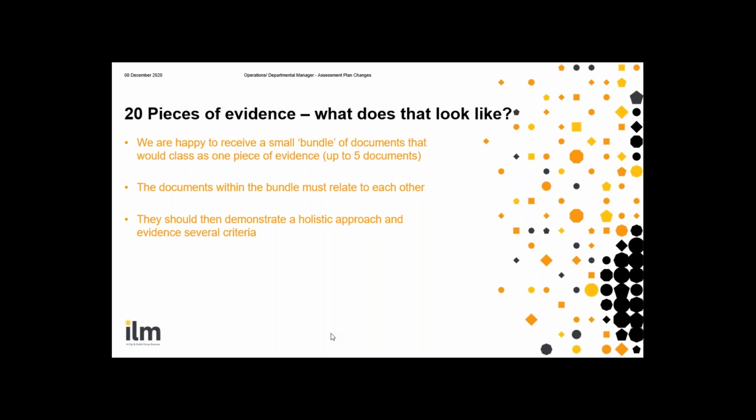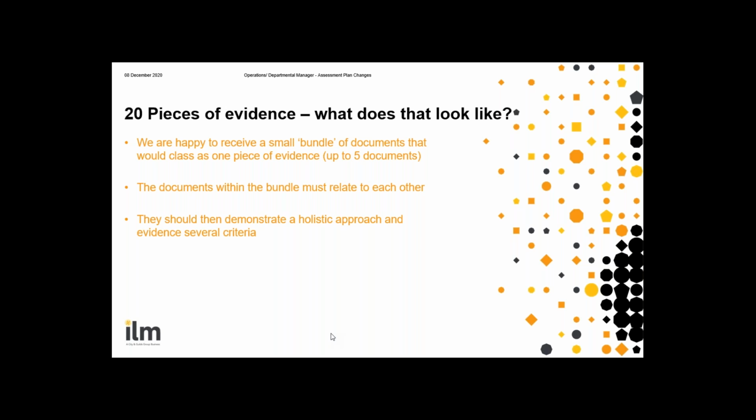I always use this, apologies for being boring: if a learner chairs a team meeting, they could have a short video of them chairing that meeting, a witness statement that refers to the meeting, the agenda and the notes, the action points or the minutes of the meeting could form a bundle. So what we've got there is 4 documents that would form one piece of evidence.